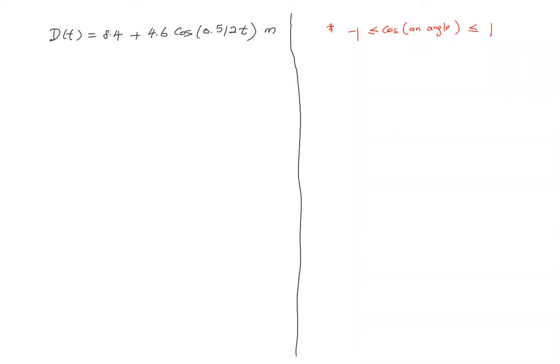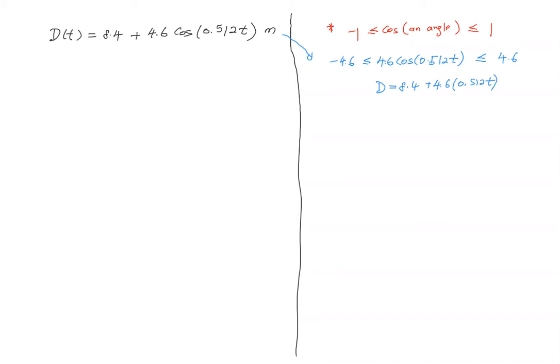So in our case here, 4.6 cos 0.1512t. The highest is 4.6, the lowest is -4.6. Then plus 8.4, so you must have this in mind.